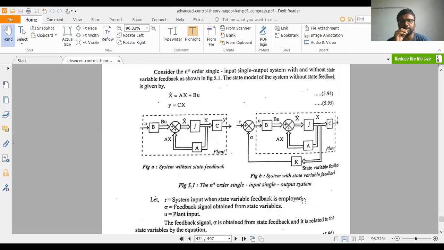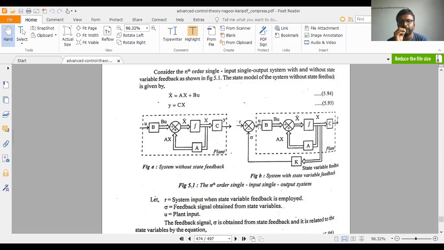In this one, let us suppose the capital R as the system input, and state variable feedback is employed, and sigma is going to be taken as the feedback signal, and U is nothing but the plant input.